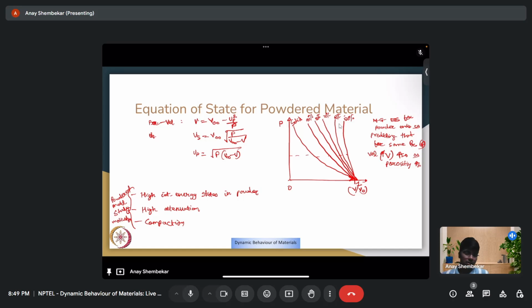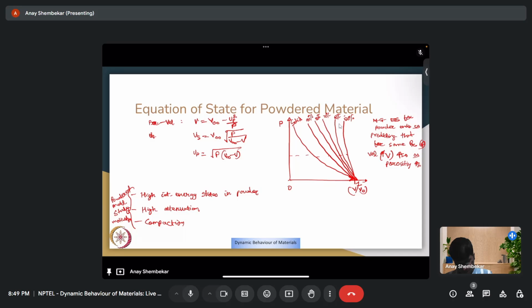From this we see that we'll be able to achieve high internal energy states which are not normally seen. There is also attenuation as a shock wave passes, and it could also lead to compaction. So we have seen that a high amplitude shock wave can bring the particles together and cause fracture between them, to take us from a powdered material into a monolith, which can be used industrially in manufacturing.